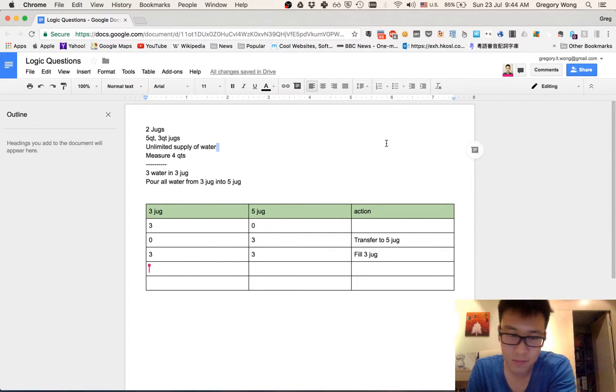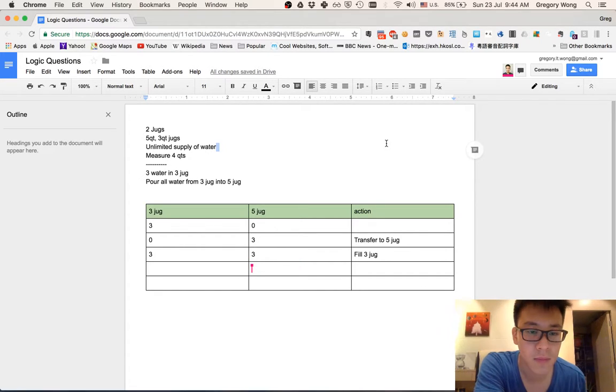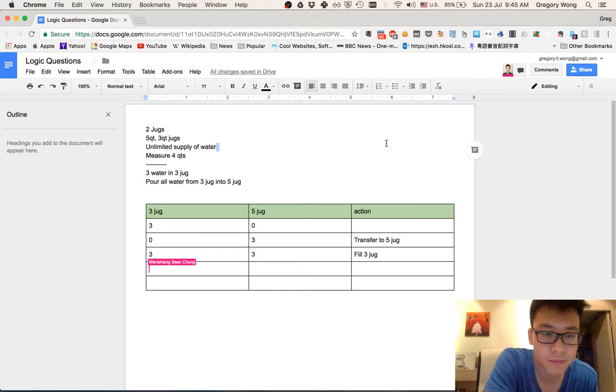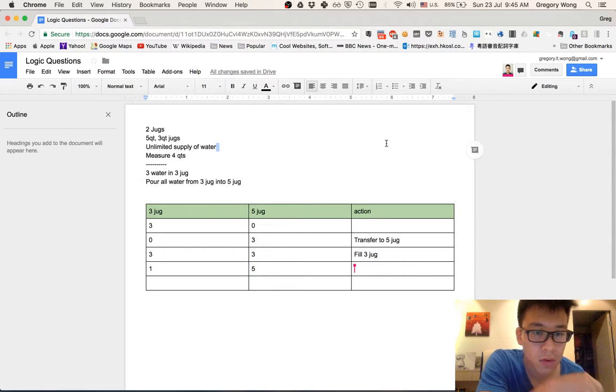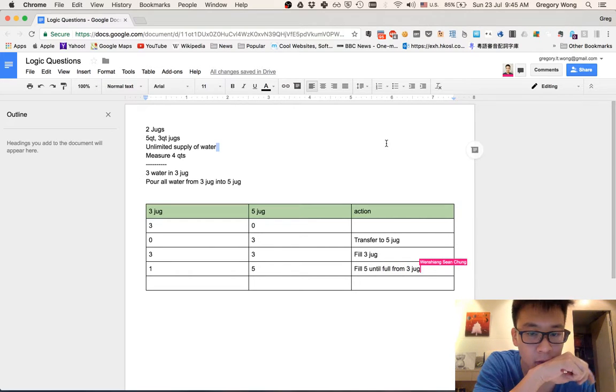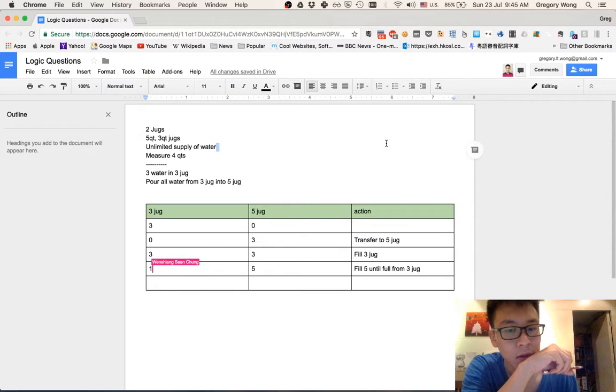We know that in order for the 5 jug to be full, it only requires 2 quarts. So you fill it with the 3 jug. So this will be: fill 5 until full, leaving 1 in the 3 jug. So now we have a way to measure 1 quart.